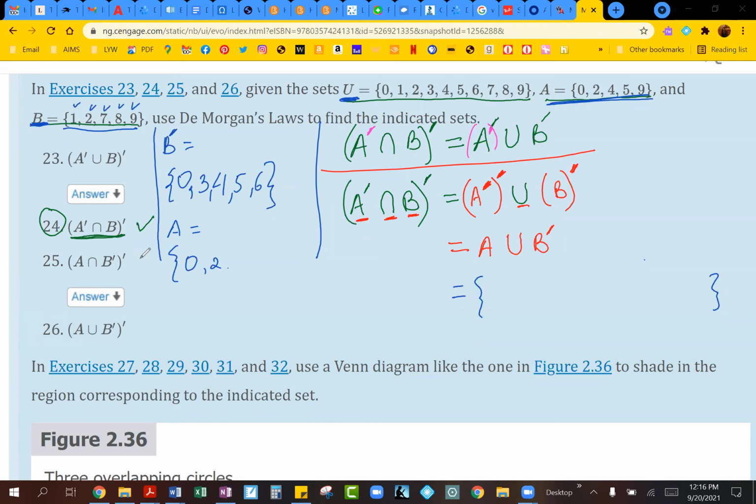So 0, 2, 4, 5, and 9. Remember, we are doing union, not intersection. Okay, Roman, you've got 0, 2, 4, 5, 9. So we are doing a union between these two. You can see both of them have a 0, so we only need to write the 0 once.